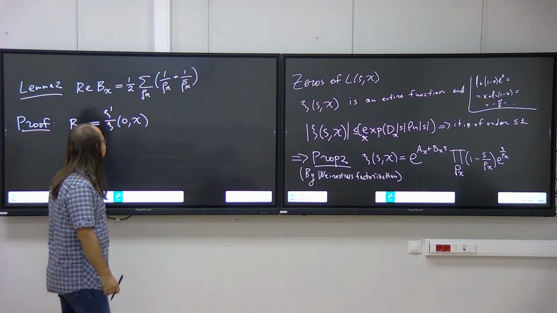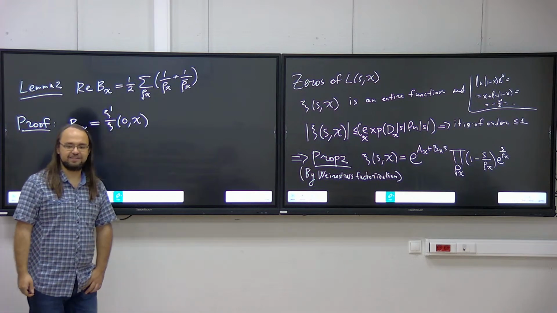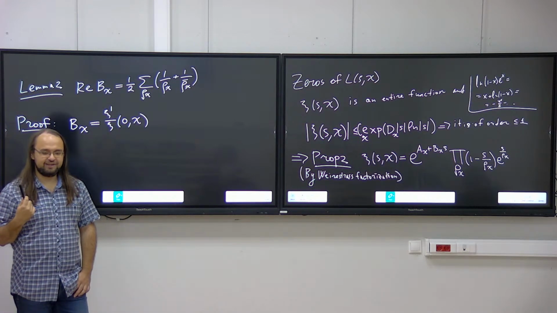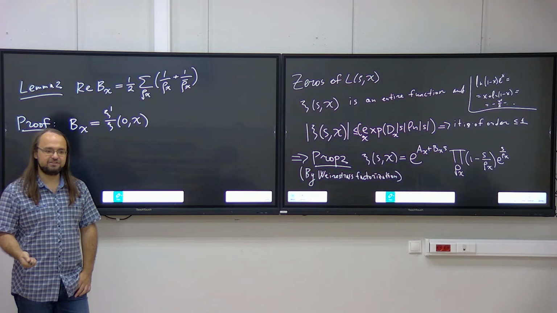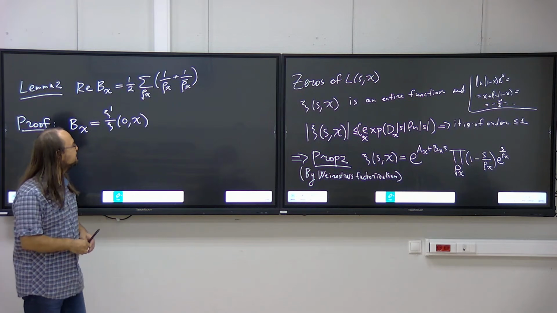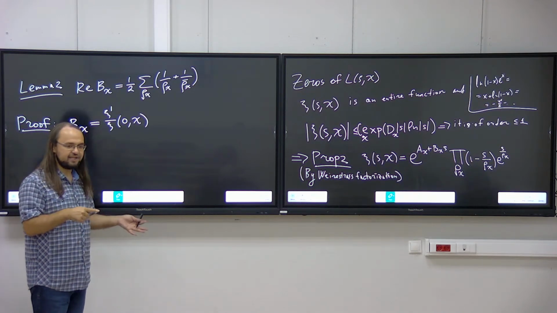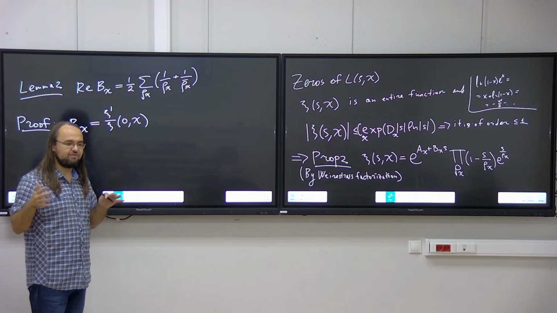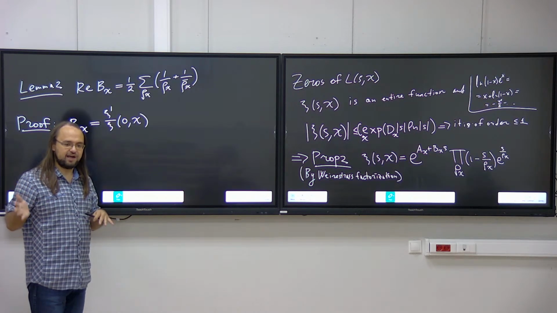Okay, but for our xi function, we have a functional equation. In fact, the functional equation relates xi of s, chi to xi of 1 minus s, chi bar.